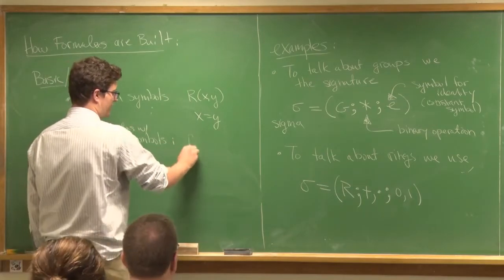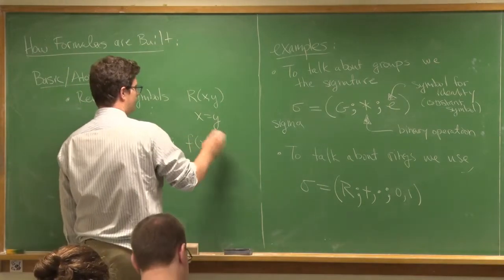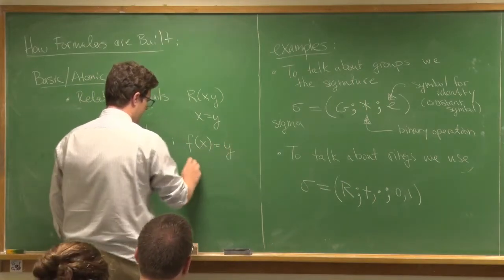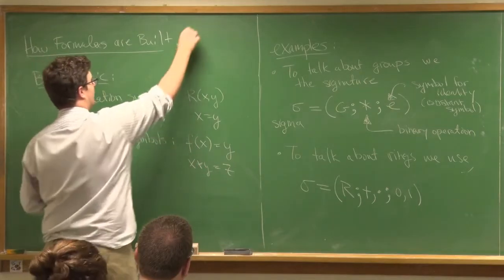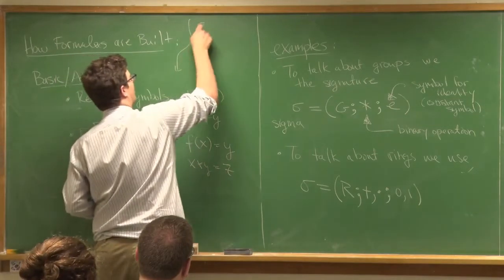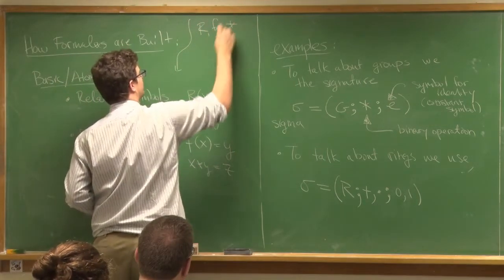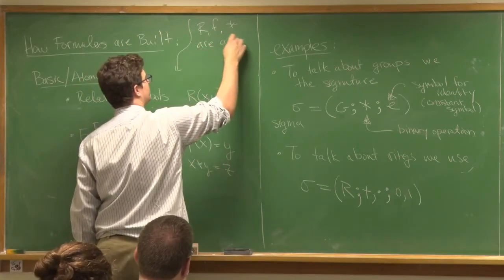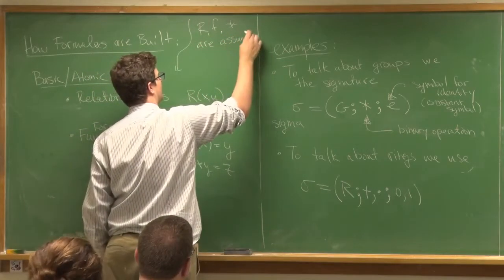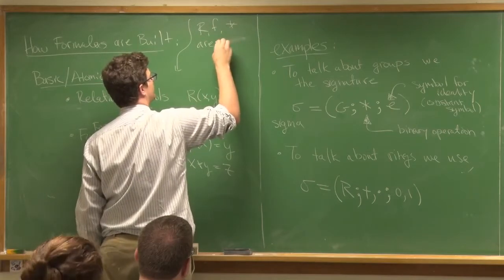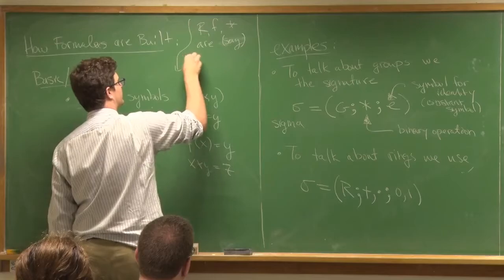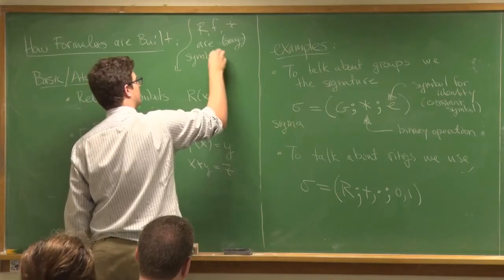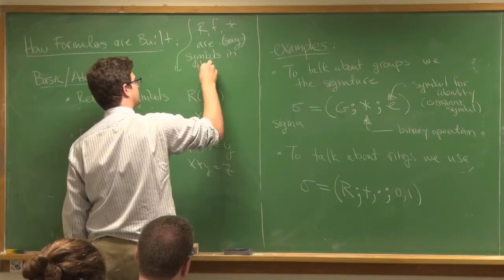So you could have something like f of x is equal to y, or x times y is equal to z. Here, I should mention that r, f, and times are assumed symbols in the signature.